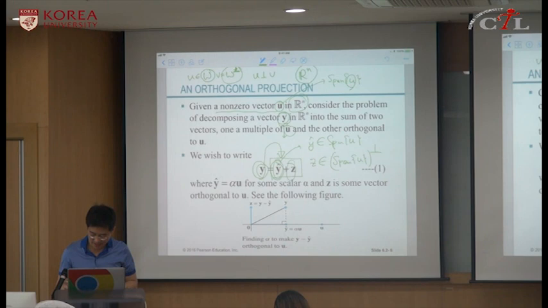Let's look at how we can obtain this y hat and z, satisfying these two conditions. Because y hat belongs to the span of u, of course y hat is represented as a scalar multiple of this single basis vector.